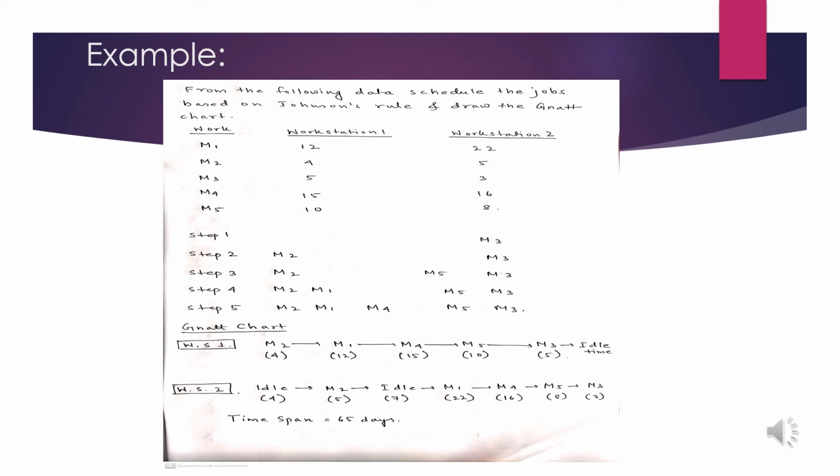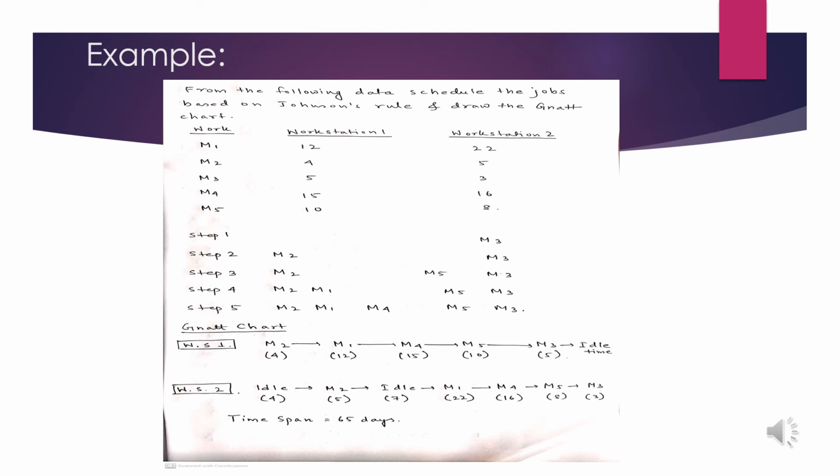I have already placed M2 at the first position, so as early as possible, I can place M1 at the second position, and then eliminate M1 from further consideration. The job remaining is M4, which I have placed in between. So the entire scheduling based on Johnson's rule is M2, M1, M4, M5 and M3 for both the workstations.